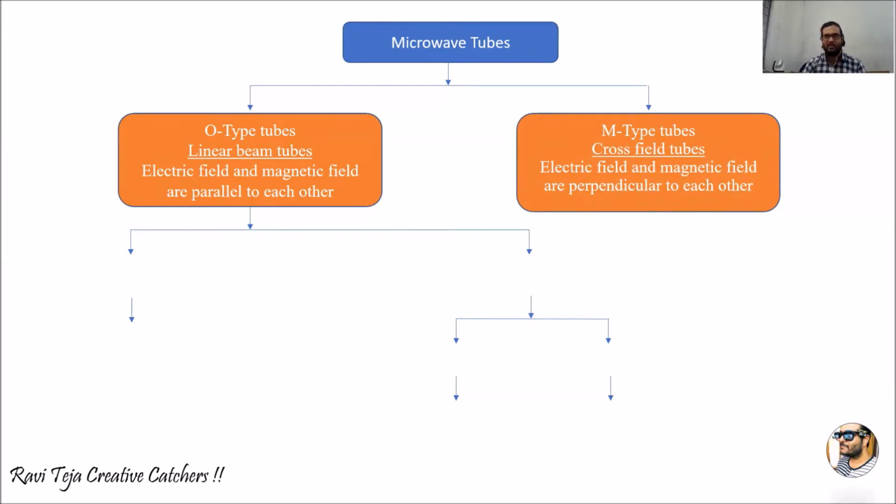Right now, this unit is fully related to O-type tubes: how they behave, how they work, and how they produce microwave energy. These O-type tubes are further classified into cavity resonators as well as slow beam structures.